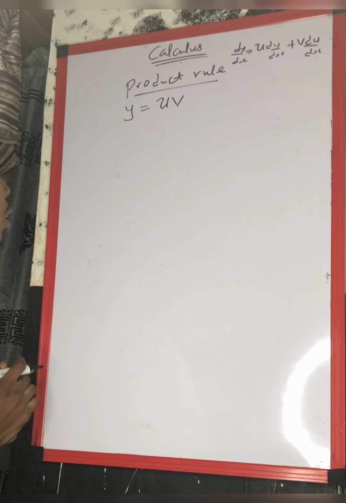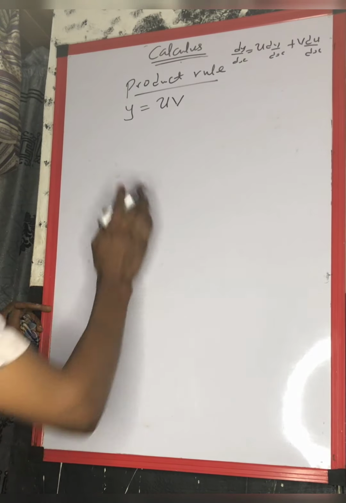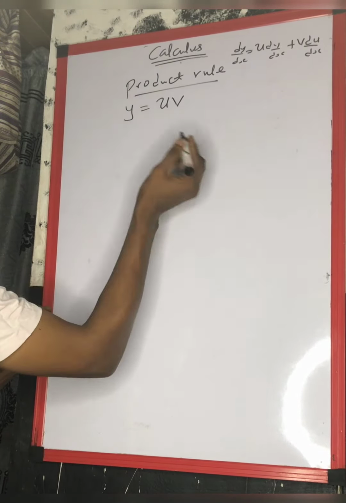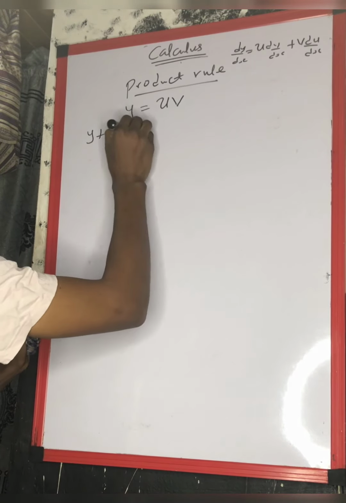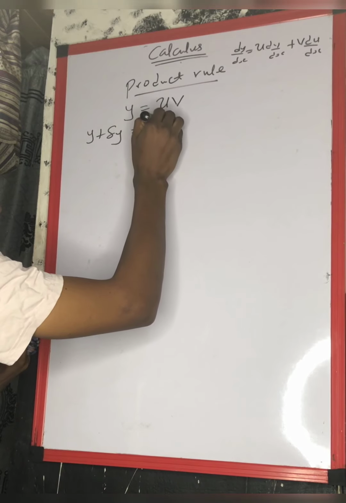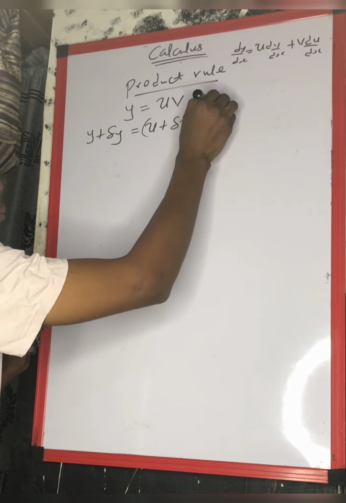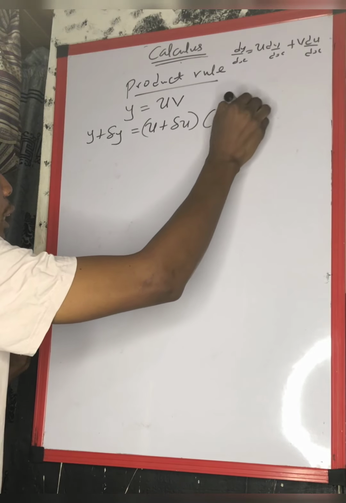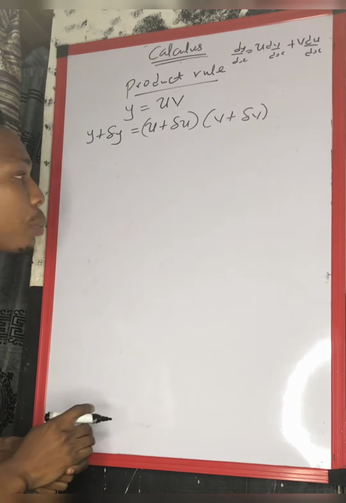Whenever you differentiate everything here, they are all alphabets. Whenever you differentiate in first principle, this is written as y plus change in y equals (u plus change in u)(v plus change in v). So what I do here is to open up this bracket.